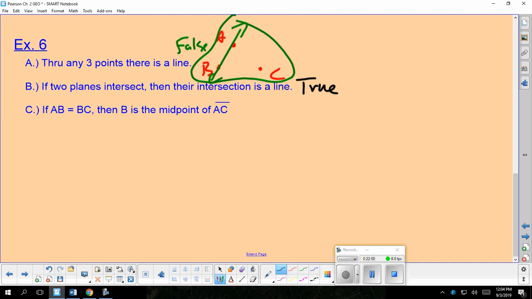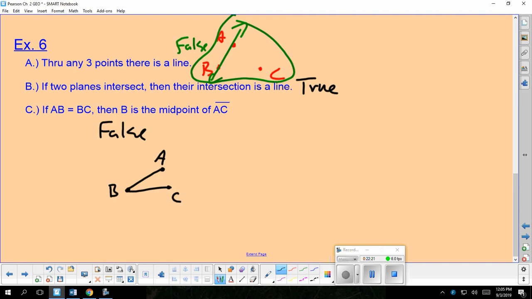The last one: if AB equals BC, then B is the midpoint of AC. That one is false. What if I had the points A, B, and C?